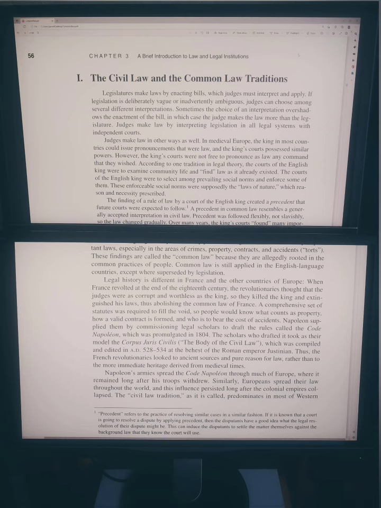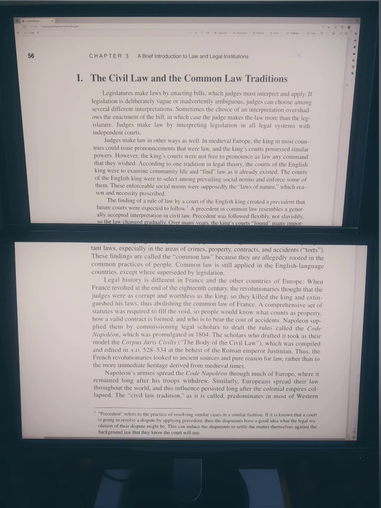Besides the difference in history between common and civil law, the laws are applied differently in the two traditions. In the common law countries, the arguments for the two sides in a dispute are made exclusively by their lawyers, and the judge is not supposed to direct a line of questioning or develop an argument.